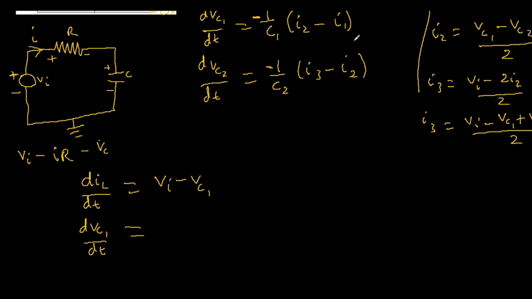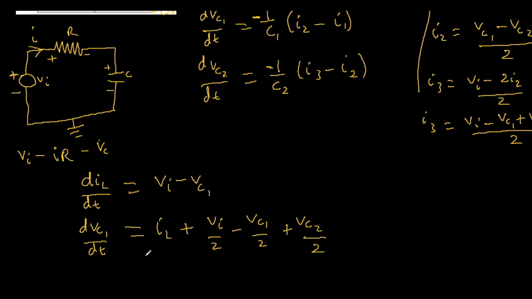I'm taking a negative sign inside. What is I1? I1 is this whole thing plus IL. So I1 minus I2 could be IL plus this expression over here, that's VI over 2 minus VC1 over 2 plus VC2 over 2.